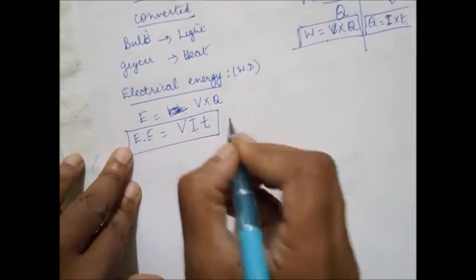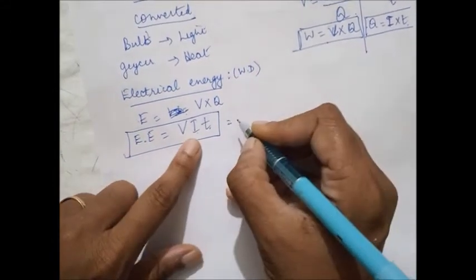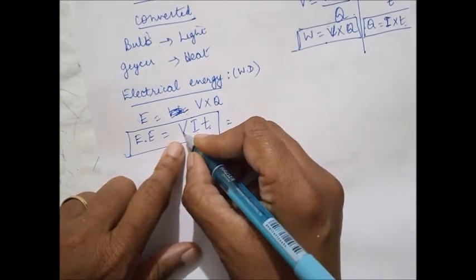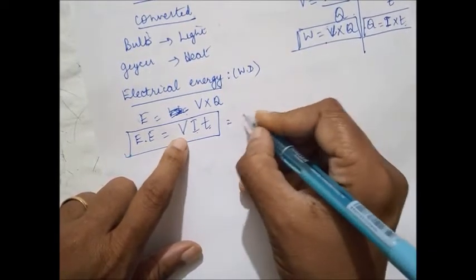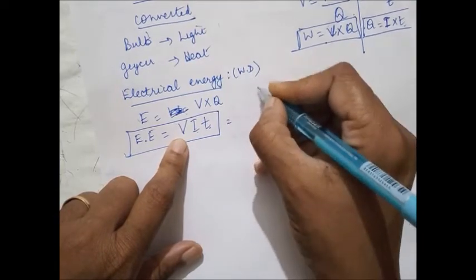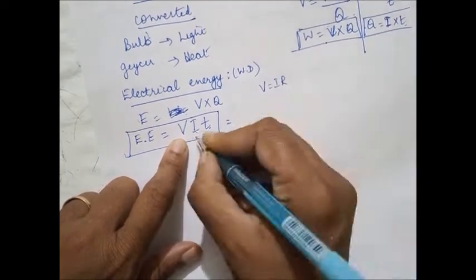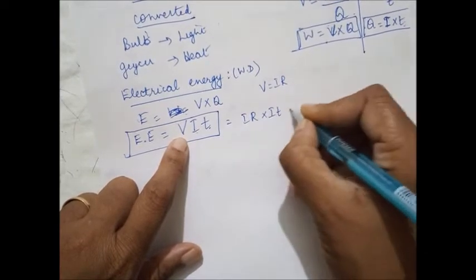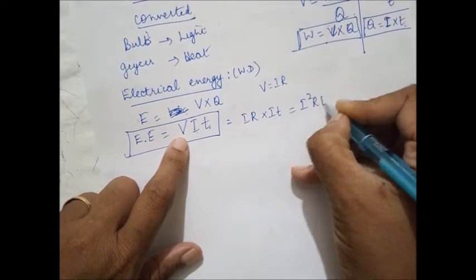I can have two more formulas. Now, instead of V, you know that according to Ohm's law, V is equal to IR. So instead of V, if I write IR into IT, this will give me another formula, I squared RT.